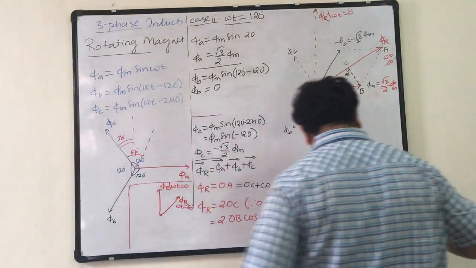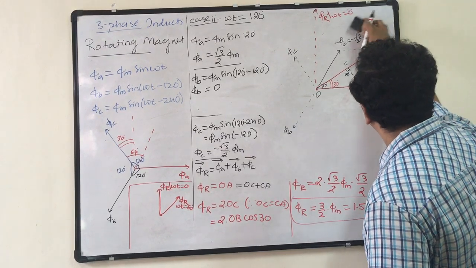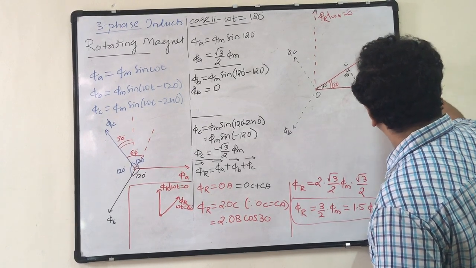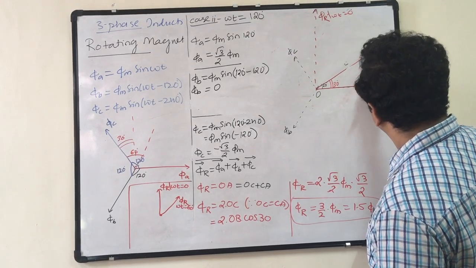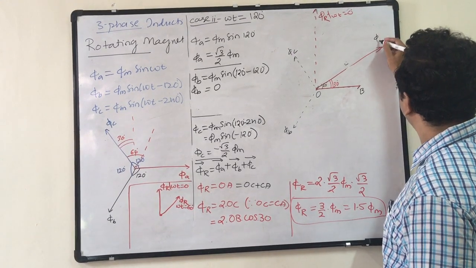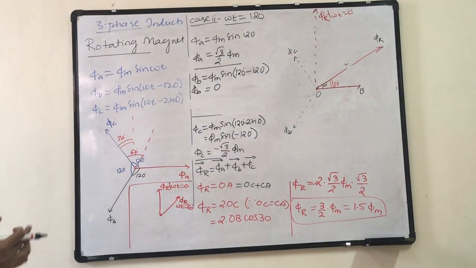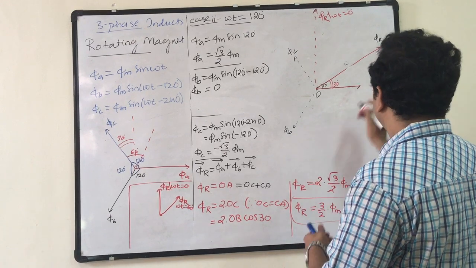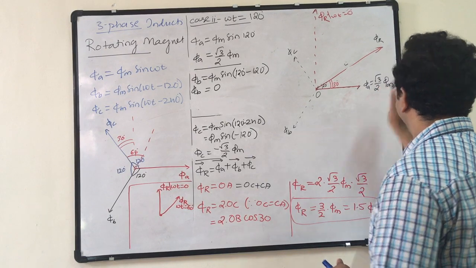In this case, I will simply rub this part. I will keep the resultant as it is, and I will rub the other things. So this is phi r. Now phi a is positive, phi b is 0, phi c is negative. So phi a is equal to root 3 by 2 phi m.